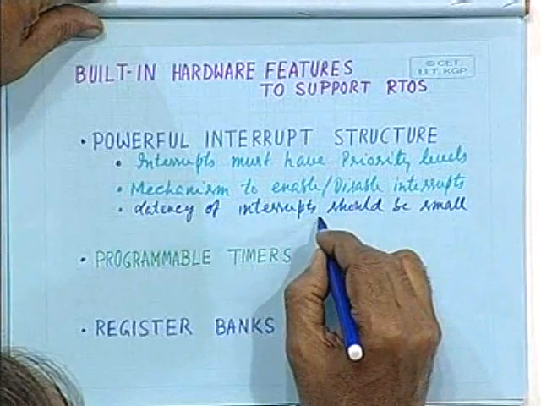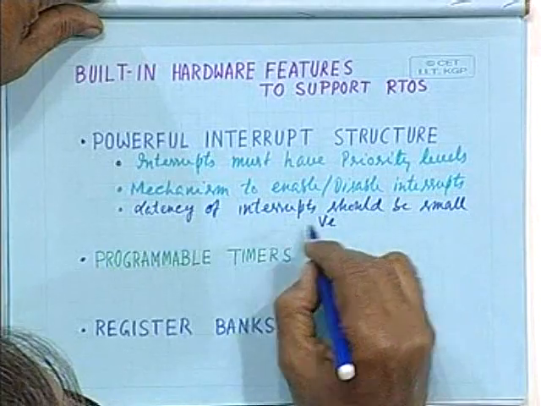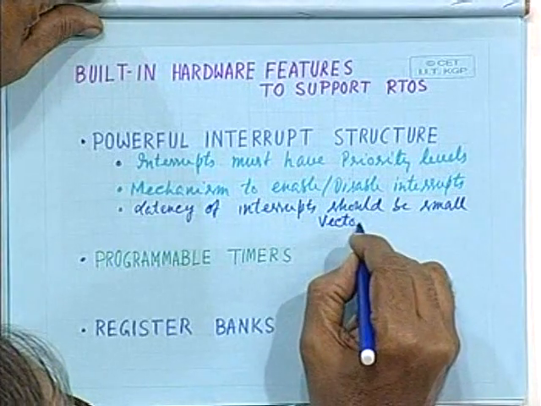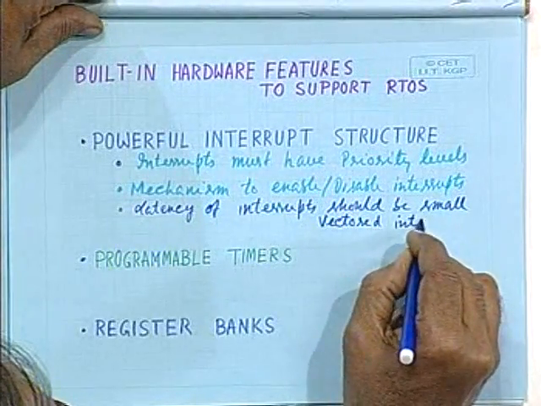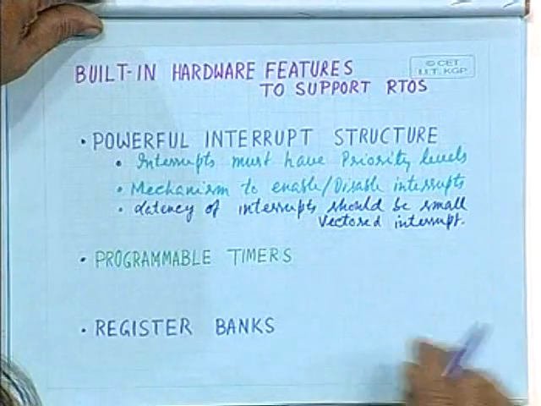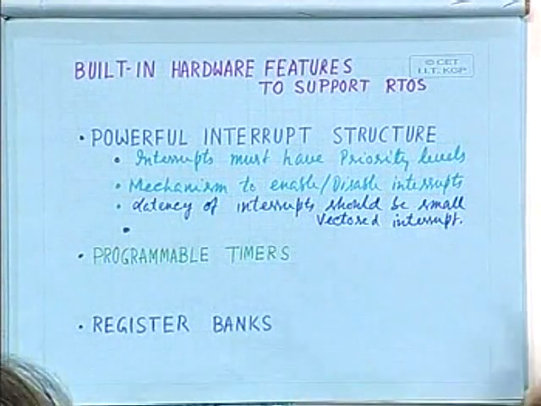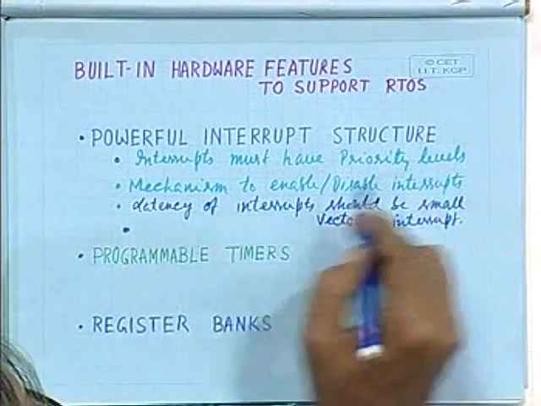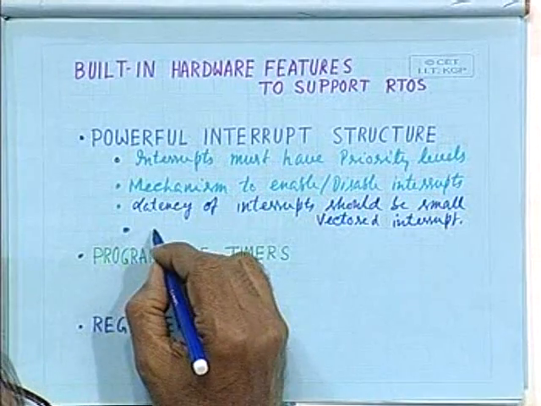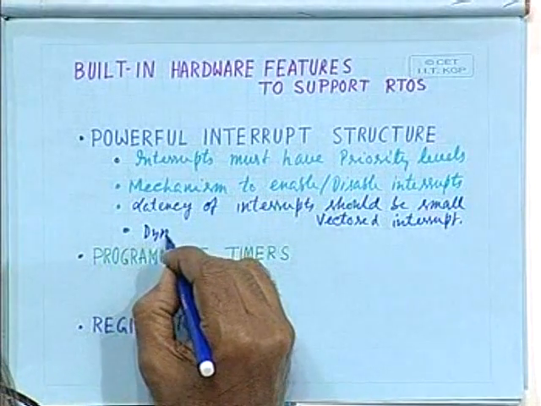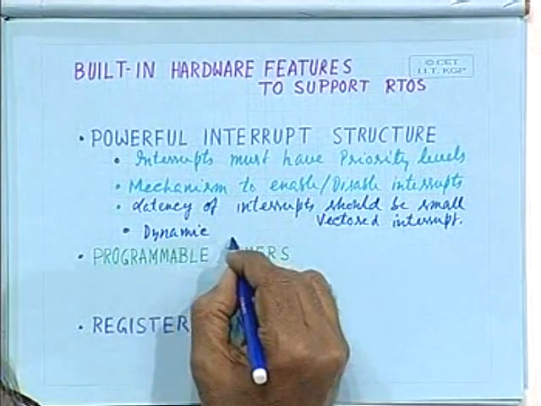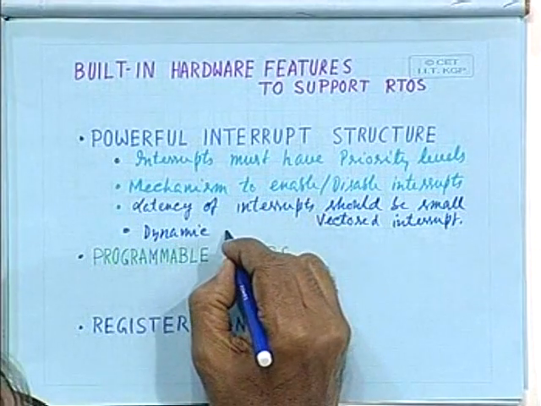If that has to be done by software, it may take a very long time. So that has to be supported by hardware. Particularly, vectored interrupts provide you low latency. Then, as I mentioned, the priority levels can be assigned, and it may be helpful if they can be dynamically changed, that is, dynamic change of priority levels.